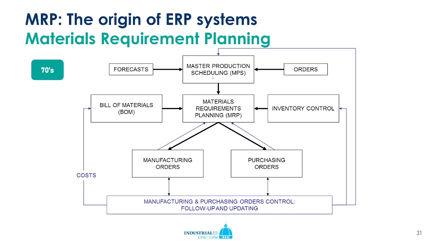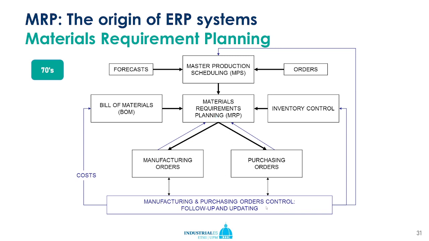So given the delivery dates we have according to our orders and forecasts, given the needs of materials to produce an item, and given the current amount of inventory we have of every component, we can run the MRP, and with that what we can get is the manufacturing orders and the purchasing orders, okay?